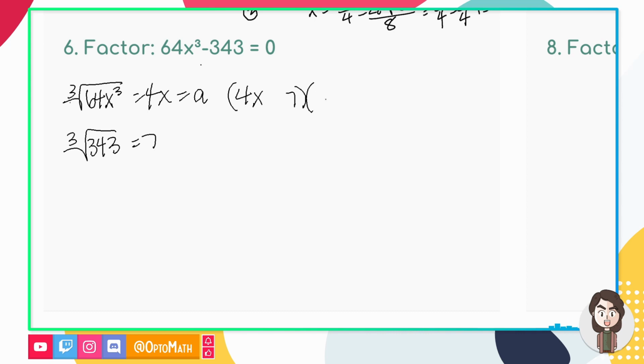We've got our a squared, which is 4x squared, all that squared, so it's 16x squared, plus multiplying these together, so our 28x, and then our b squared, which is 49. And let's do our signs. So same, opposite, always positive. So there is our factored form.